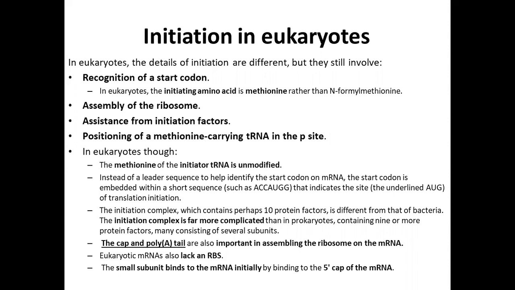Also, eukaryotes lack the RBS, the ribosome binding site, as we mentioned earlier. The small subunit of the ribosome binds to the messenger RNA initially by binding to the 5' cap of the messenger RNA. The 5' cap, as we looked at last time, is quite important in the recognition and binding of the small subunit of the ribosome.